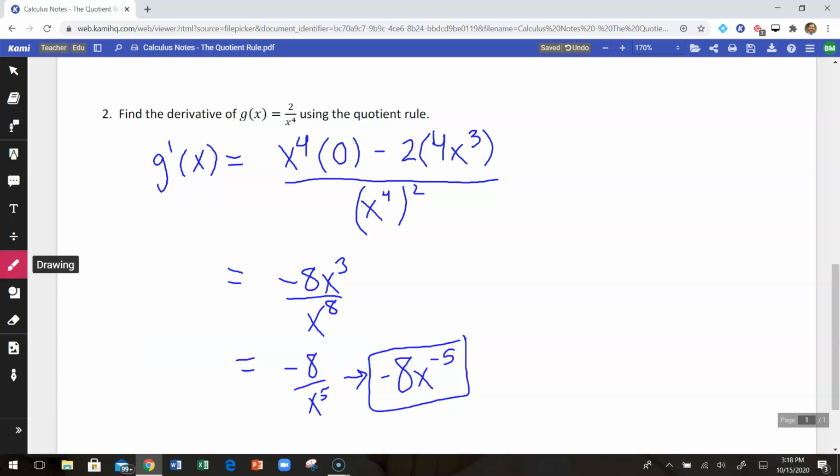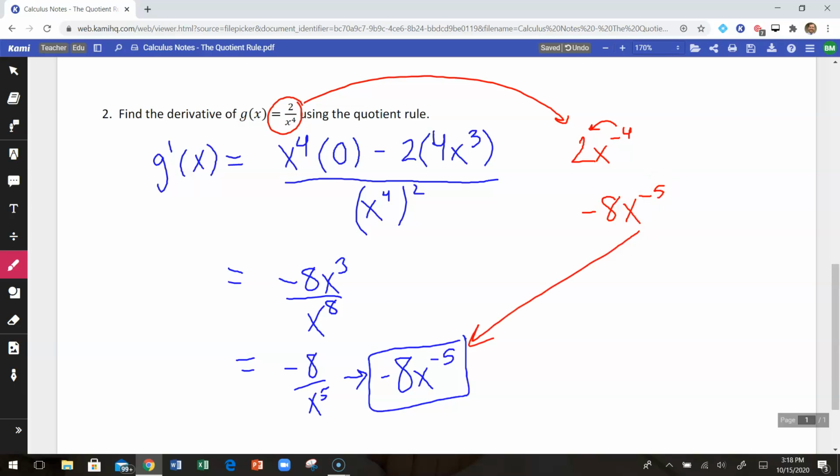If you look at your original problem here, we have 2 over x to the 4th. Hopefully you remember from the power rule video, I could have just rewritten that as 2x to the negative 4th. And then using the power rule, I would multiply down, and I would subtract 1 from the exponent. And that's what I got.